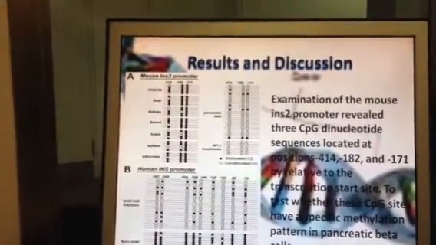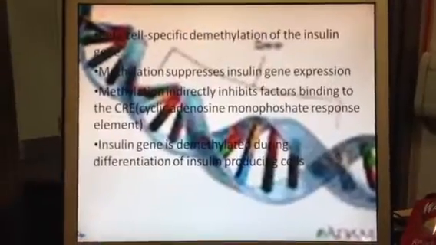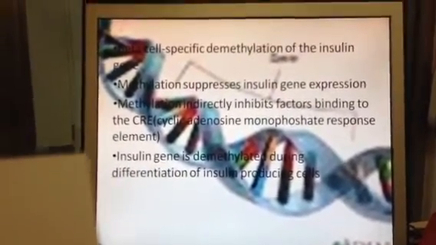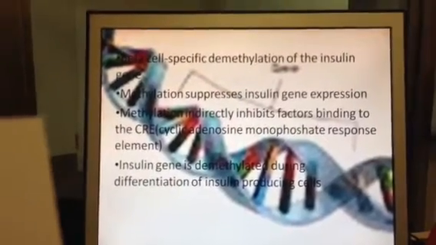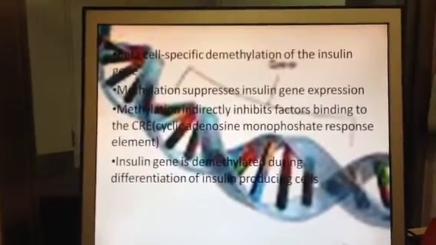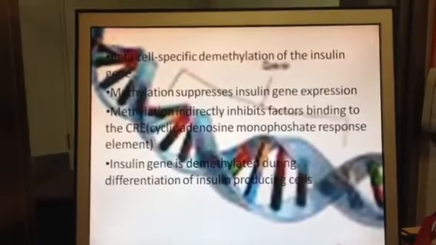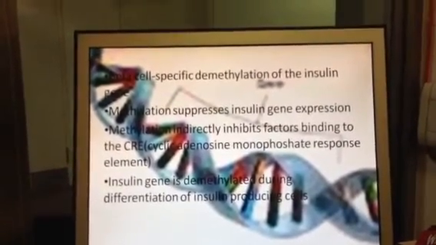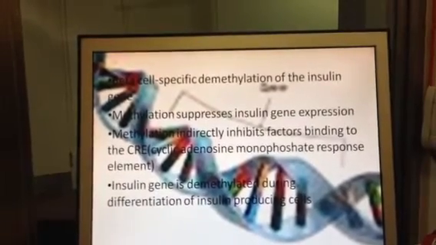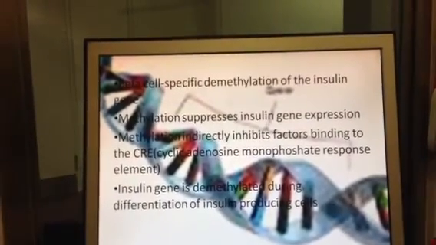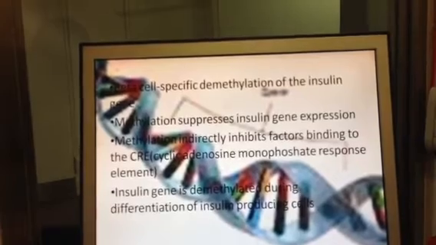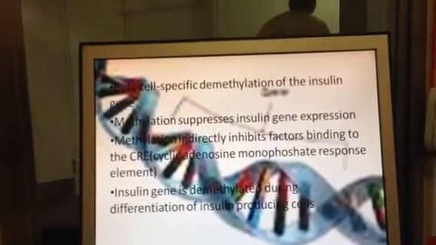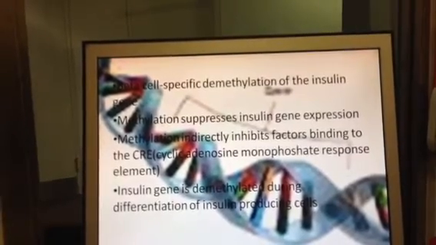The sequencing data revealed that the 3 CpG sites in the insulin 2 promoter are uniquely unmethylated in pancreatic beta cells and in the insulin producing NIT1 beta cell line, but predominantly methylated in other tissues.